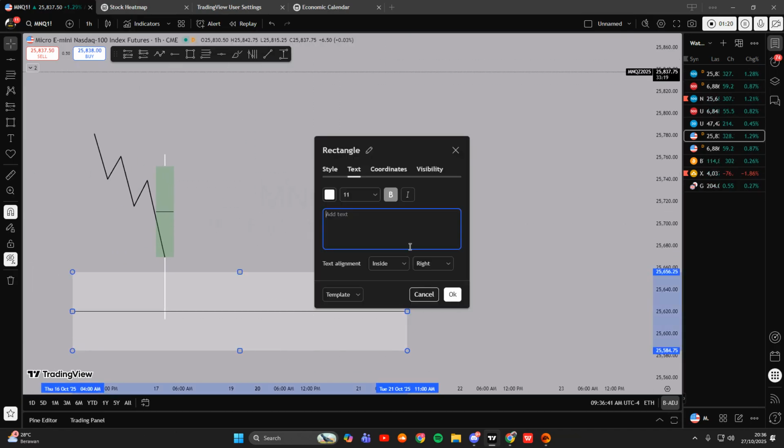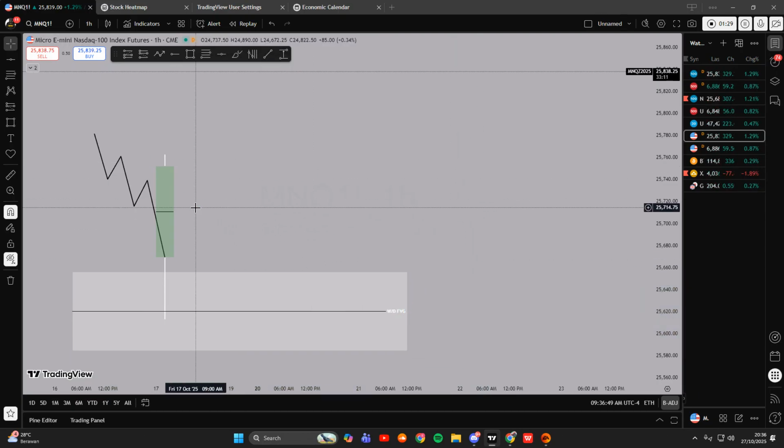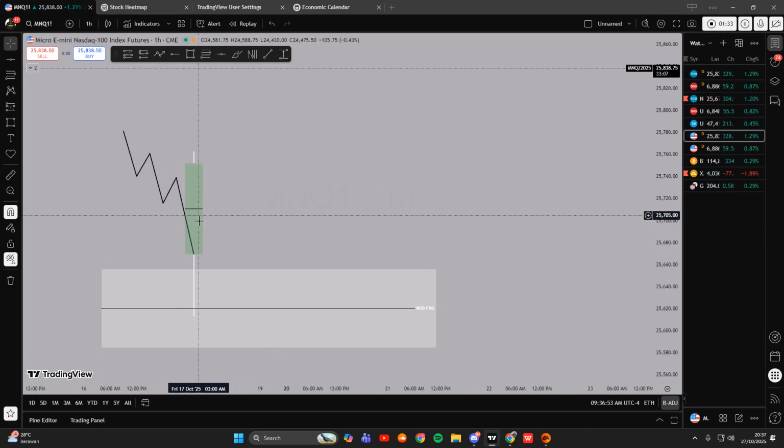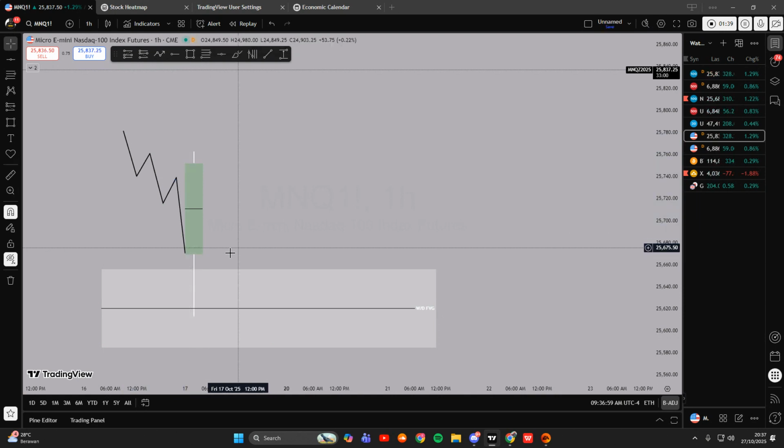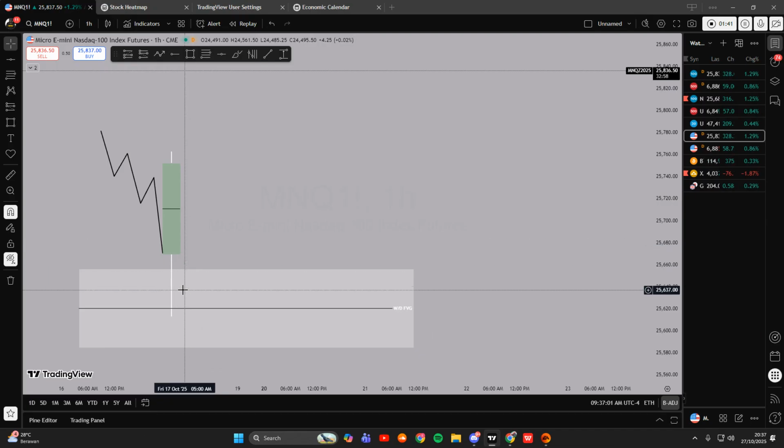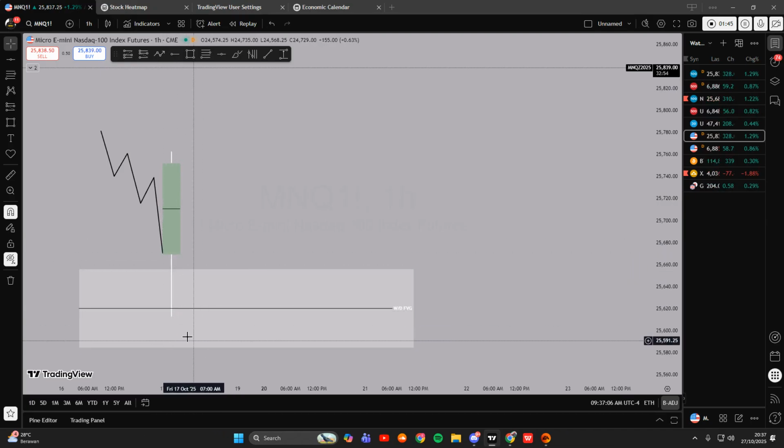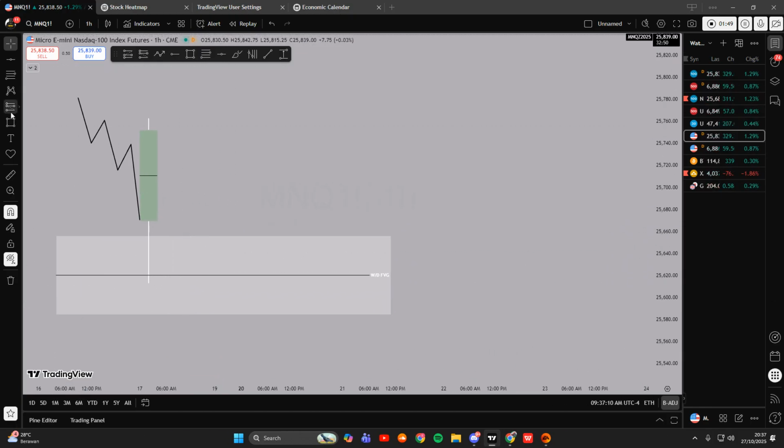Let's say it is like a daily or weekly fair value gap, and we're in a 4 hour or 1 hour. This is essentially a 4 hour or 1 hour candle, so this wick is formed from a strong reaction of the high time frame PD arrays.